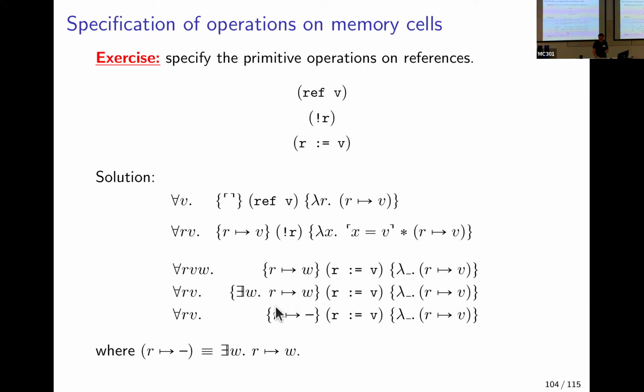And this is a shortcut for just this: r points to W, such that there exists some W such that r points to W.